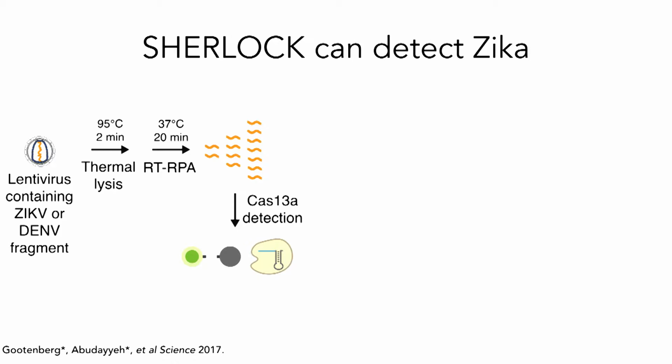In collaboration with Jim Collins' lab, who previously used CRISPR in another system to detect Zika, we wanted to see if we could detect lentivirus containing either Zika or the related virus dengue. So we exposed it to Sherlock, where we did RPA and then Cas13 detection.